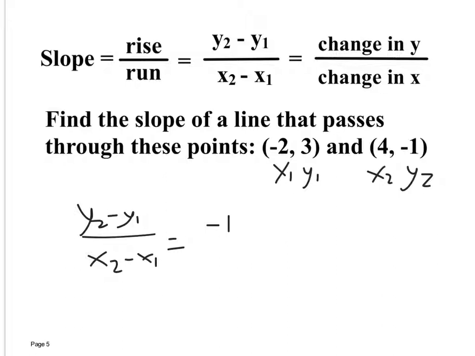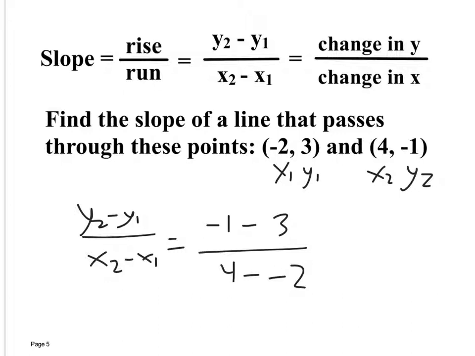And you don't look at what the numbers are until you get to that point. y2 was -1, then you write minus, it's always minus. y1 is 3. And then you go x2, which is 4, and you write minus because it's x2 minus x1. And then you write what x1 is. x1 here is -2. So you have to have 4 minus -2.